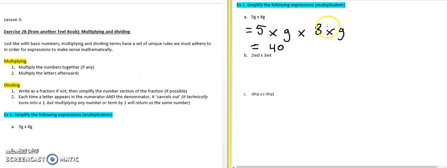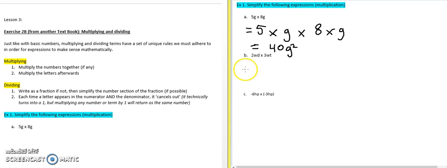Well, we have two G's. We're not going to write 2G because the answer as 2G will imply that we are adding the G's together. But in this case, we're multiplying the G's together. So we'll be left with G squared. So your answer is 40G squared.